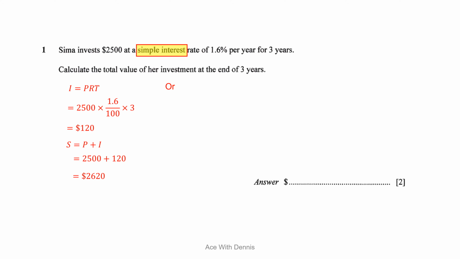Another way is to use the formula S equals P bracket 1 plus RT, where P is the principal, $2,500, R is 1.6 over 100, and T is 3 years. Calculating, we get $2,620. Hence, $2,620 is the answer.